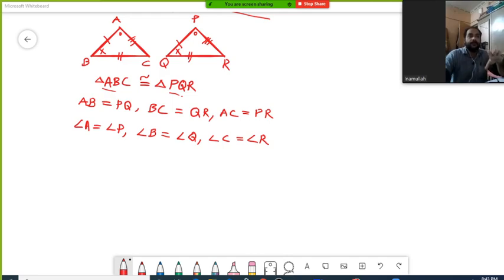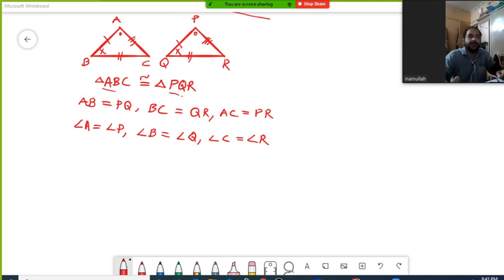It is compulsory that congruent triangles have corresponding sides equal and corresponding angles congruent.